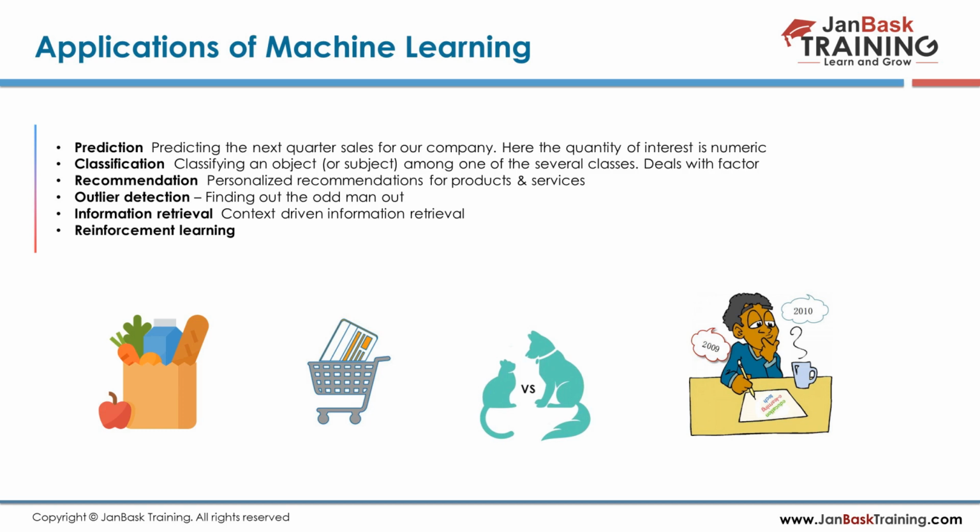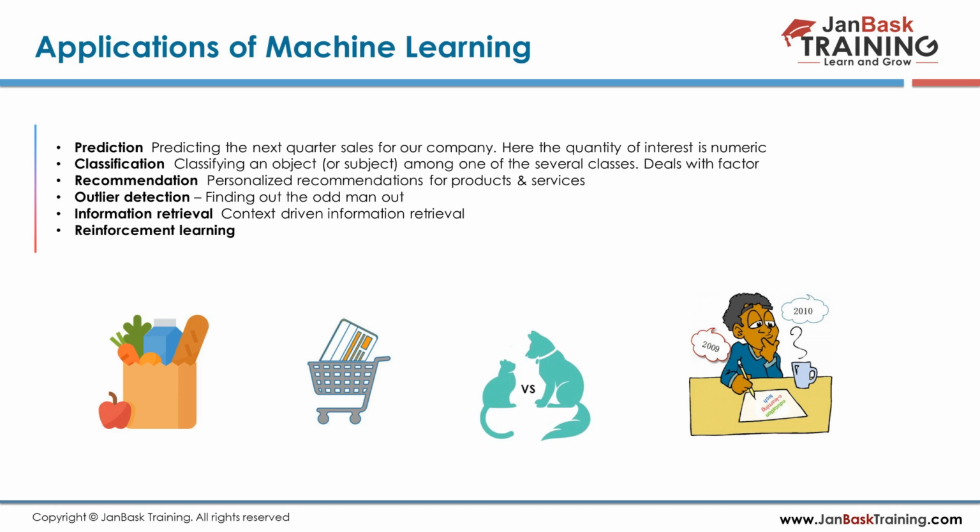The next one is classification. As the name suggests, you want to classify things between positive and negative, between yes or no, like a binary output. Binary means two. So a binary output is called classification. It is classifying an object or subject among one of several classes.